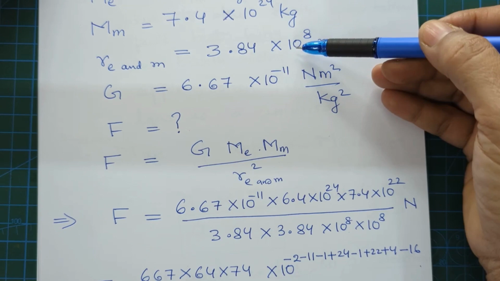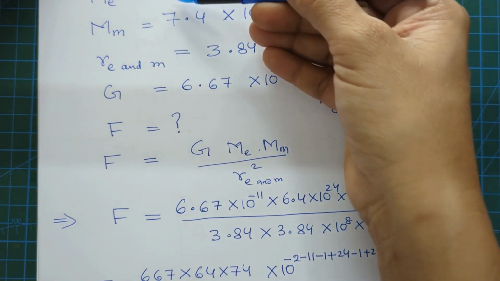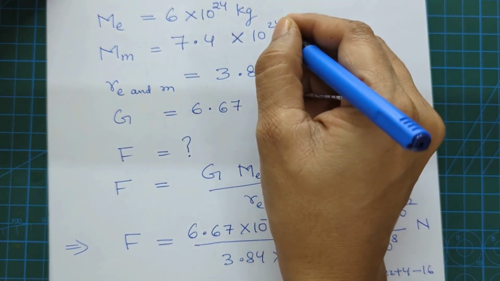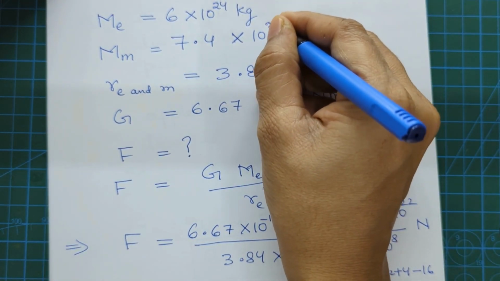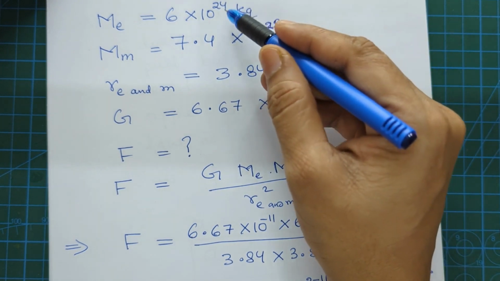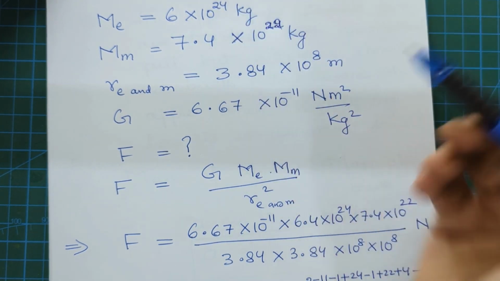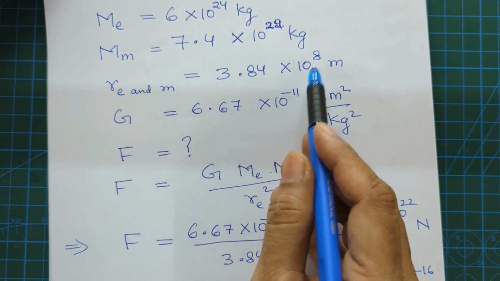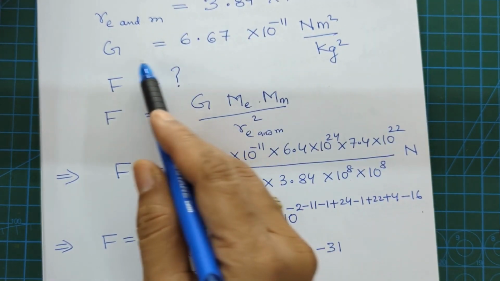These are nice numbers to remember. 6 into 10 to the power 24 kilograms, 7.4 into 10 to the power 22 kilograms, because 100 masses of moon is 1 mass of earth. Distance between earth and moon is 3.84 into 10 to the power 8 meters.